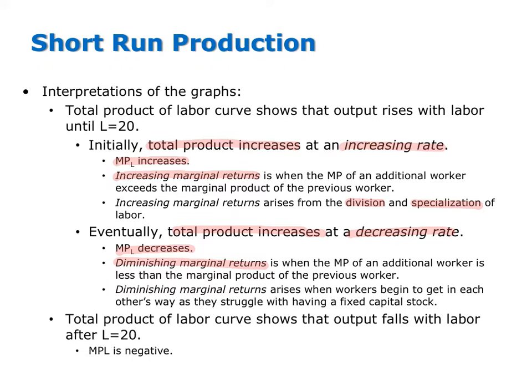Diminishing marginal returns usually arises when workers begin to struggle to deal with the fact that one of the inputs, capital, is fixed. On the previous slide, we also saw that total product or output eventually started to fall. That was for labor bigger than 20, which meant that the marginal product was negative.